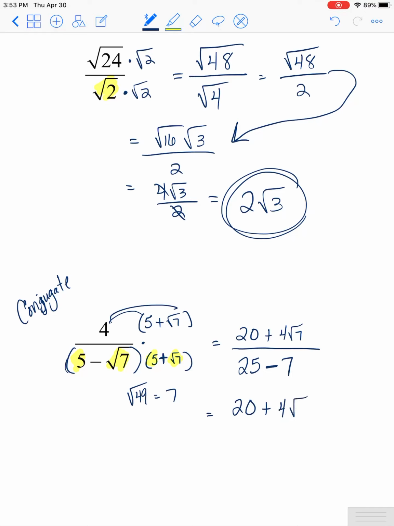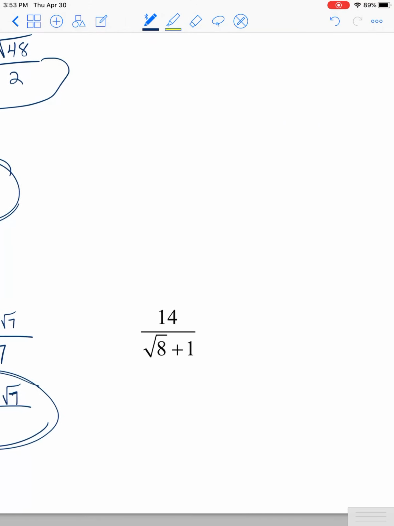So you get 20 plus 4 radical 7 all over 18. Now, in order to simplify, honestly, I'm just going to have you leave it like this. You could simplify these fractions, but don't worry about it. Just leave it like that for now.